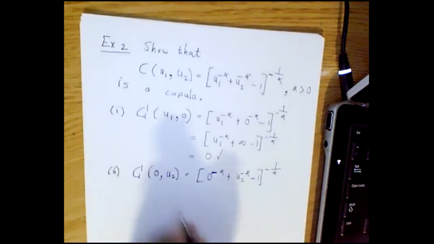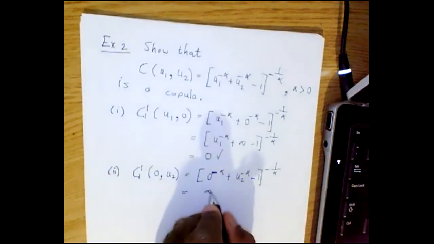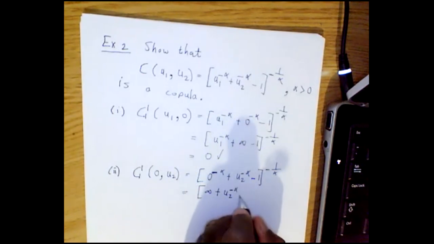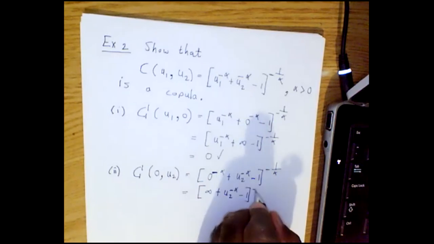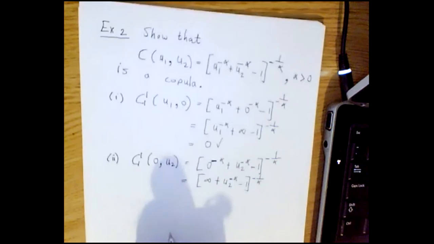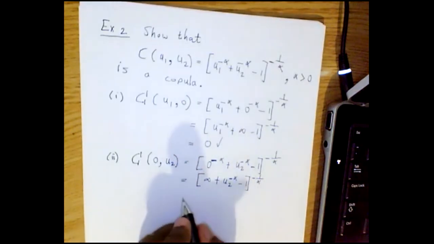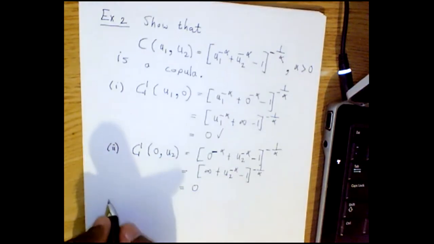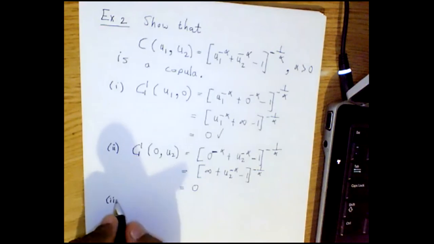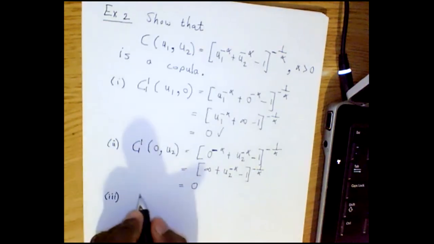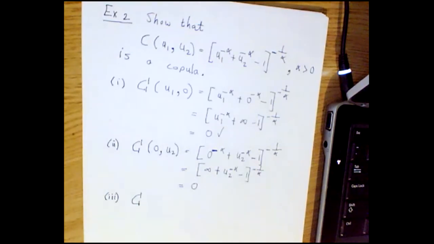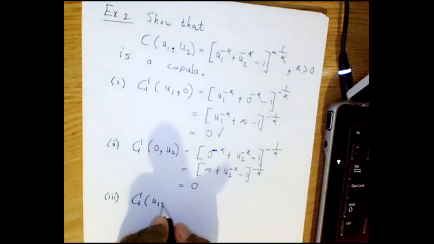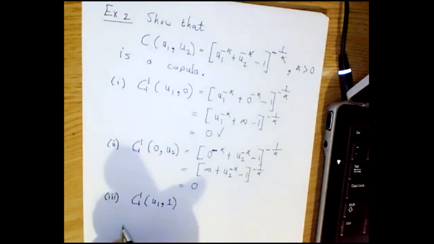Okay. Once again, this guy is infinity, and infinity to a negative power is 0. Right. All right. The next part is C. Okay.